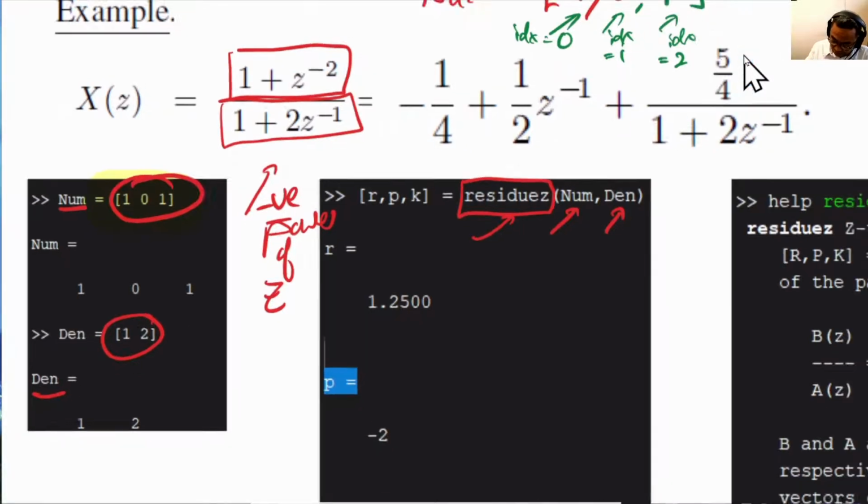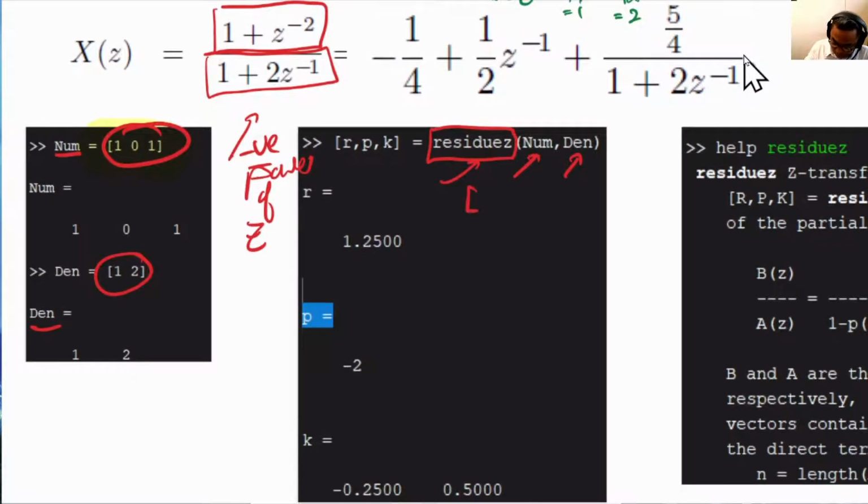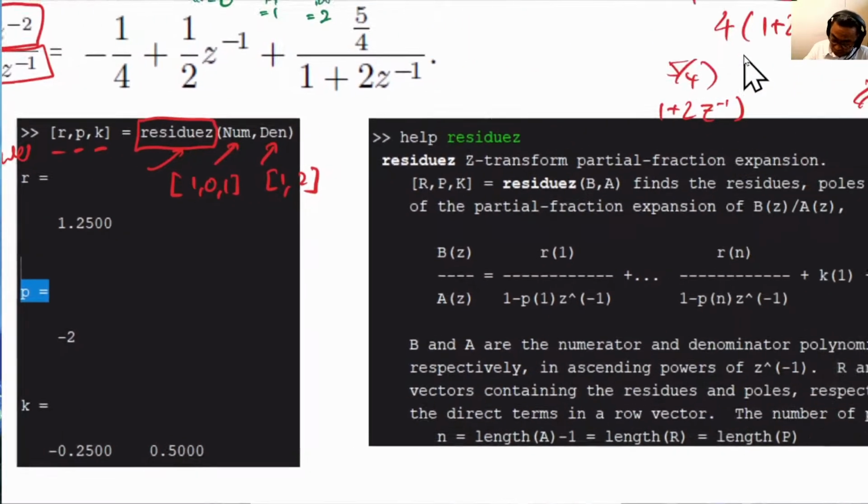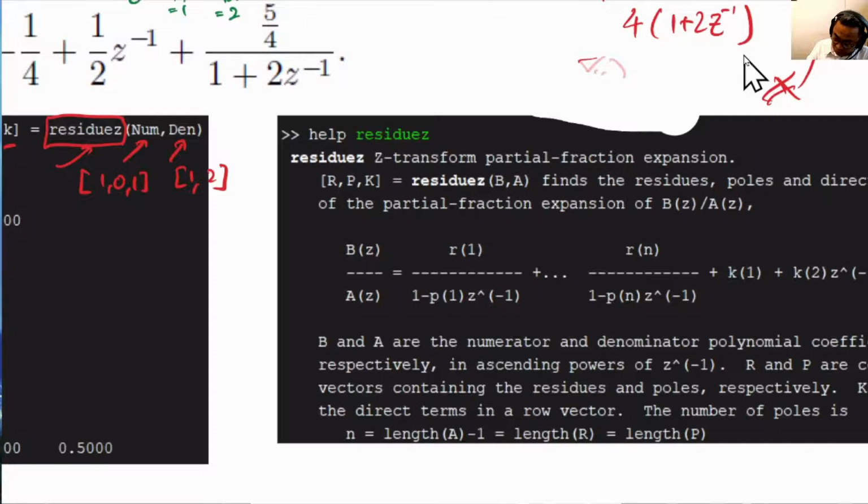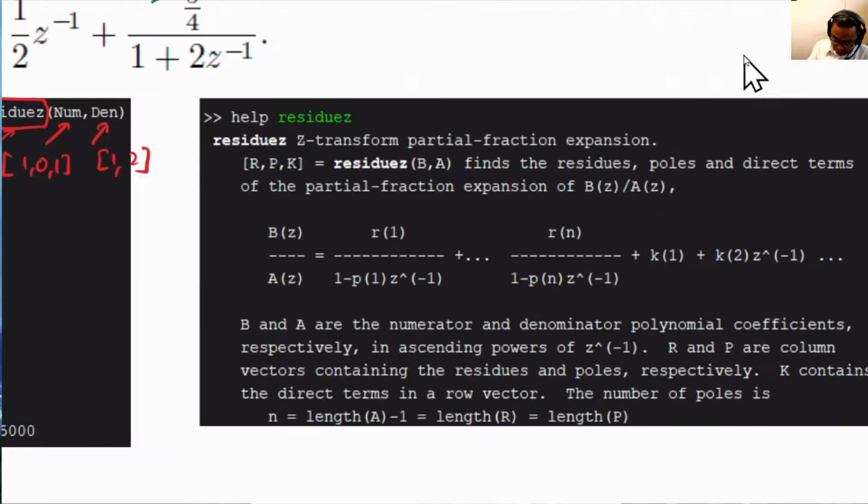Okay, so if you want to express this as negative power of z, then we use residuez. Alright, let's see what residuez does. So let me put it here again, and this guy is 1, 2. Out comes RPK, very similar to our residue. Okay, so let's read. In the residuez, this is what it says.